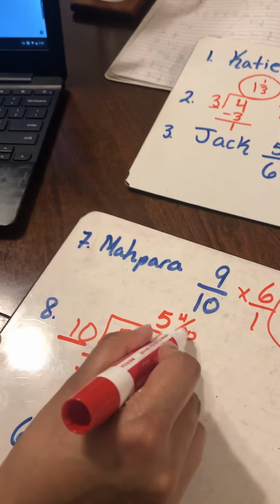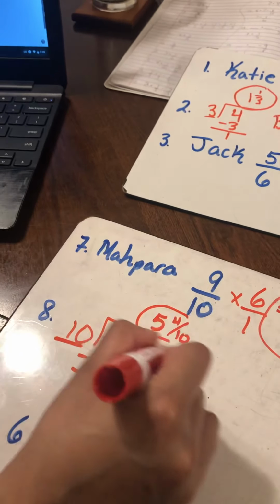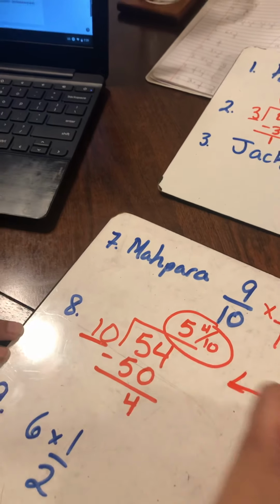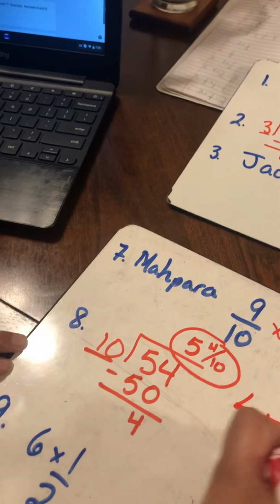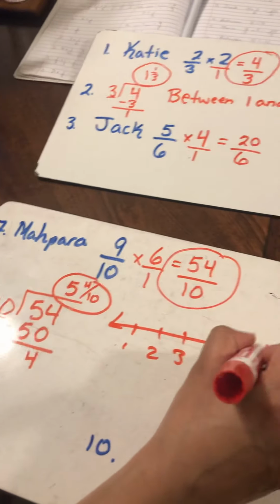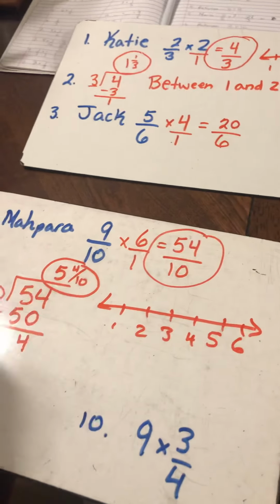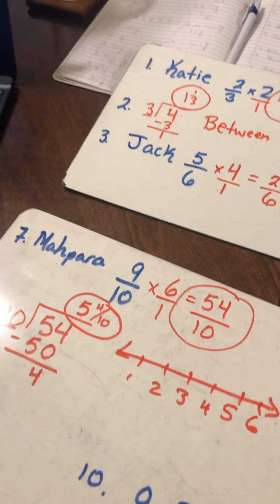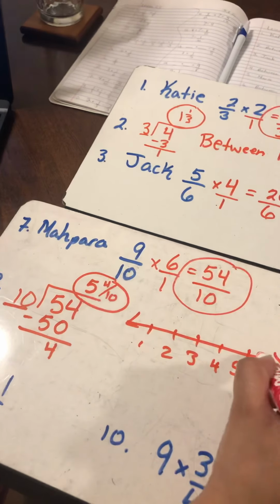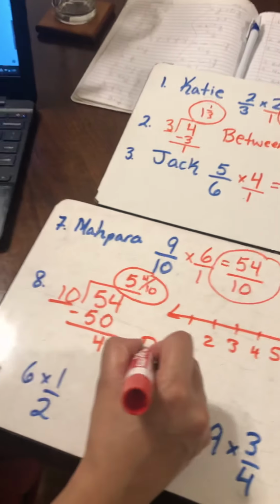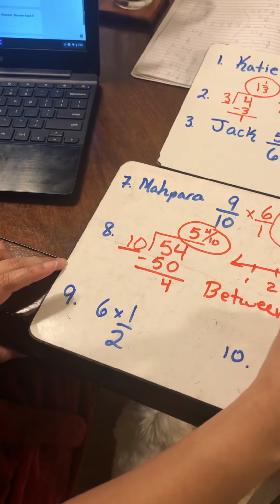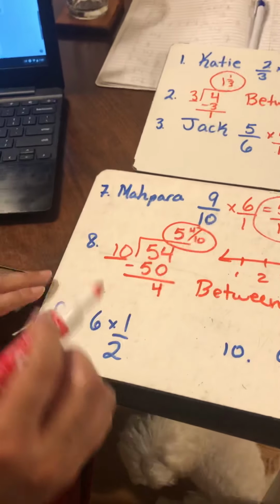So that's where I get the 4/10. So that's why my answer is 5 and 4/10. So 5 and 4/10. Here's my number line. 1, 2, 3, 4, 5, 6. Where would you put 5 and 4/10 on the number line? Okay, hopefully you're thinking here between the 5 and 6. So that is my answer, between 5 and 6.